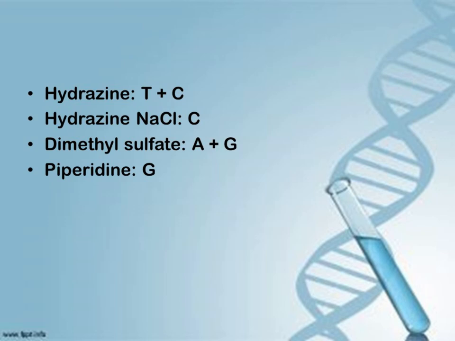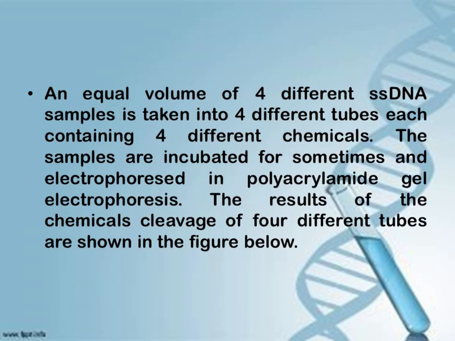Therefore, no phosphodiester bond will be formed, and 4 reaction tubes are labeled A, T, G, and C, each containing single-stranded DNA template. For that, an equal volume of the single-stranded DNA sample is taken into 4 different tubes, each containing 4 different chemicals.